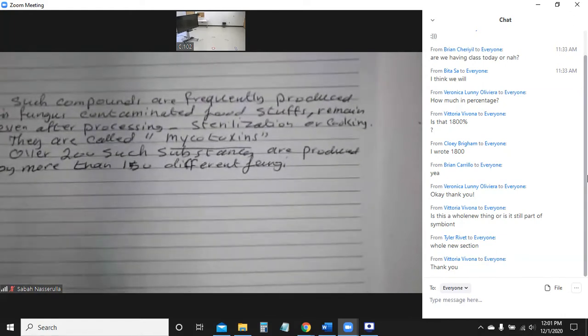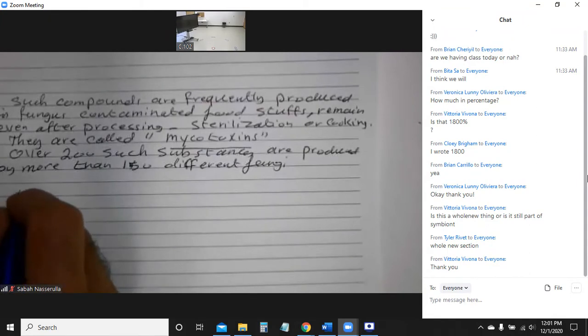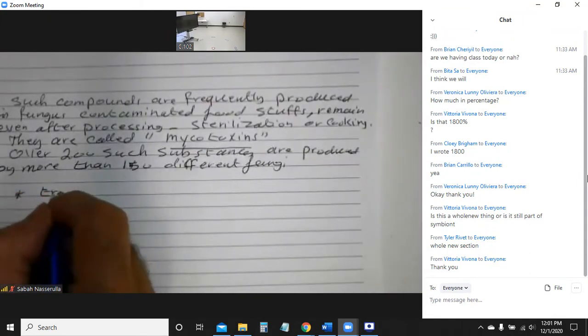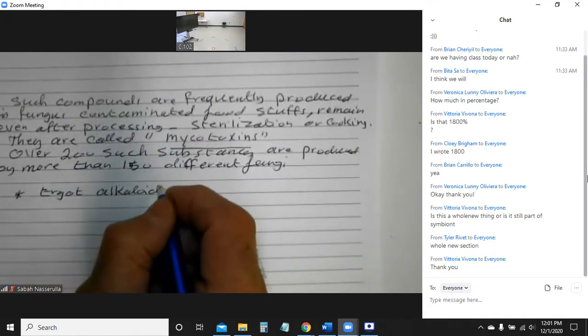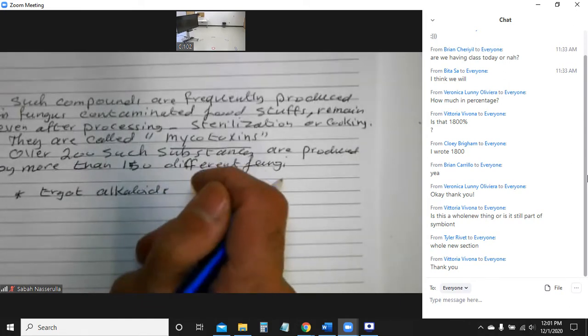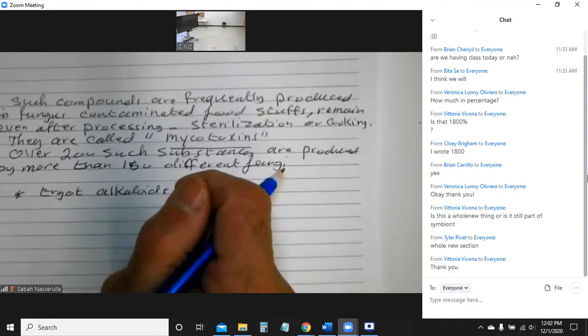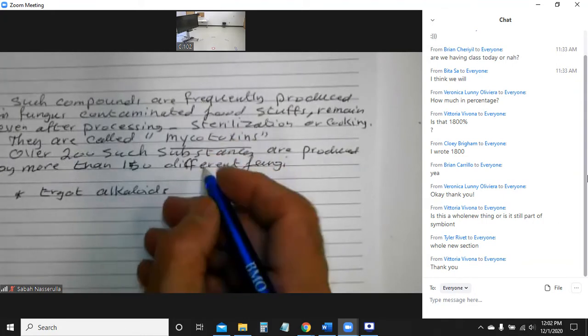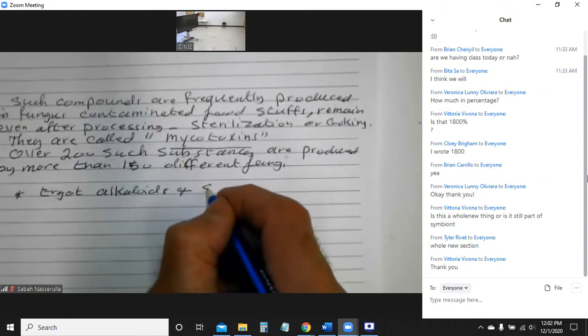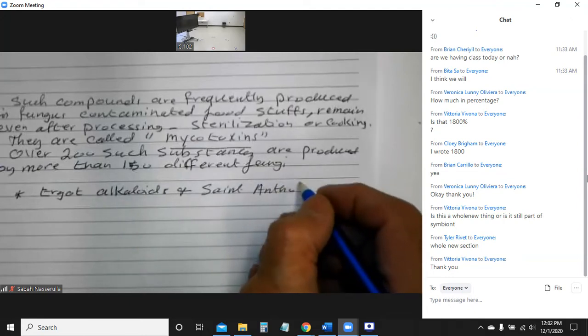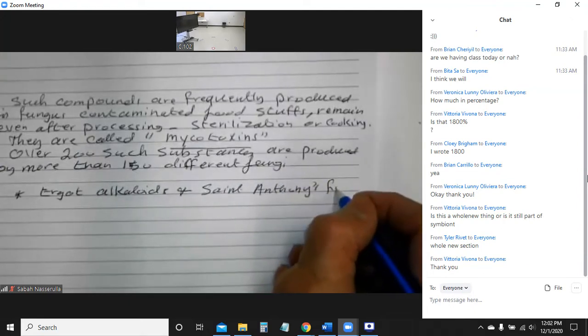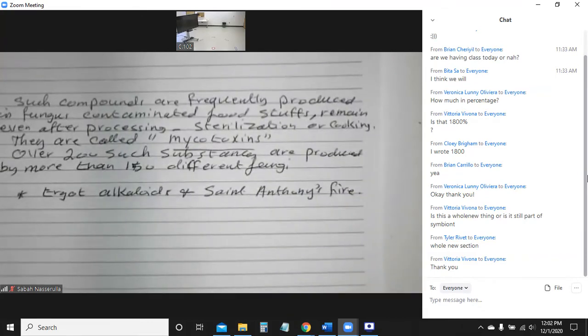One of these is known as ergot alkaloid, because they are rich in alkaloids, and they used to give it the name Saint Anthony's fire.